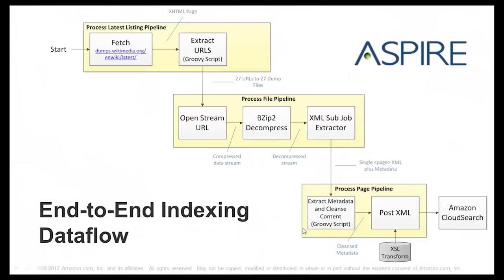Each individual page then goes through a metadata cleansing and content cleansing process, which we did with Groovy scripting. Our framework has a Groovy scripting module you can stick in there. Then we convert the intermediate XML into Amazon CloudSearch XML, batch that up, and send it to Amazon.